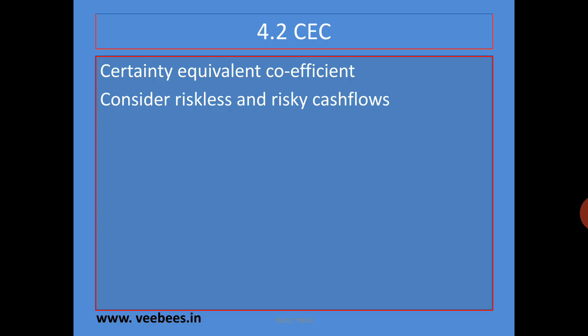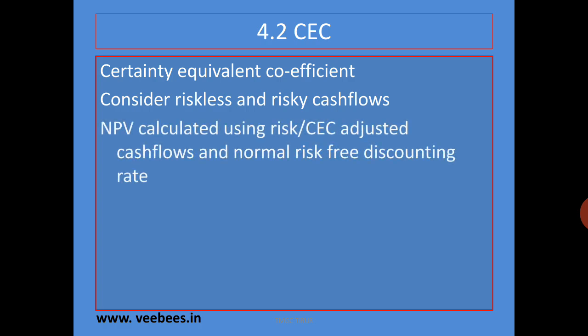Riskless cash flow means the cash flow if we do not assume risk. Risky cash flow means if we assume risk, what will be the cash flow? If we are taking more and more risk, the cash flow will be higher. If there is no risk, cash flow will be lower. So we consider a riskless cash flow and risky cash flows.